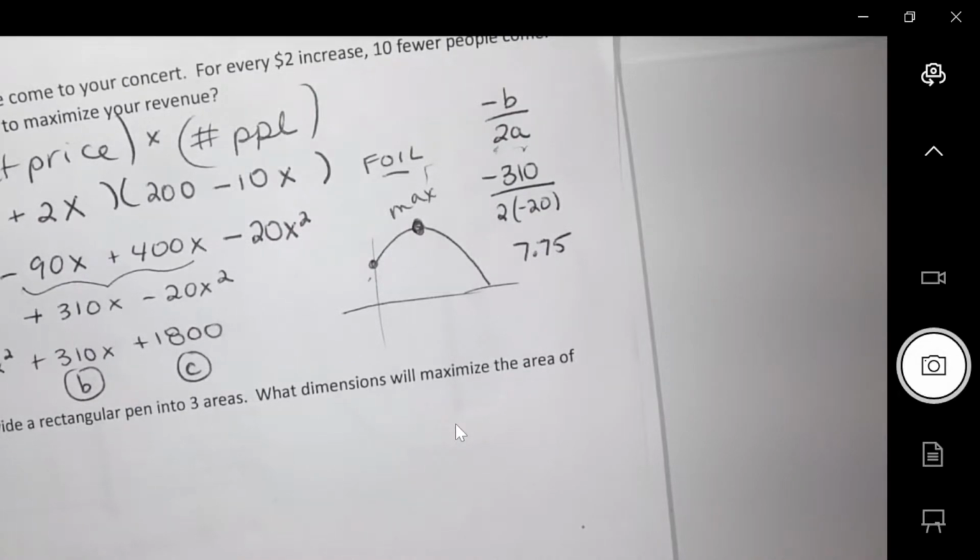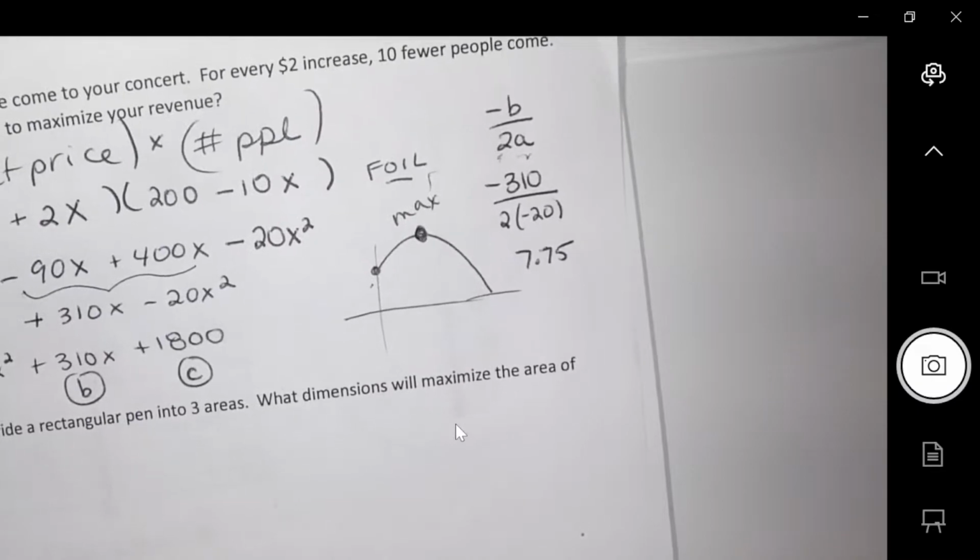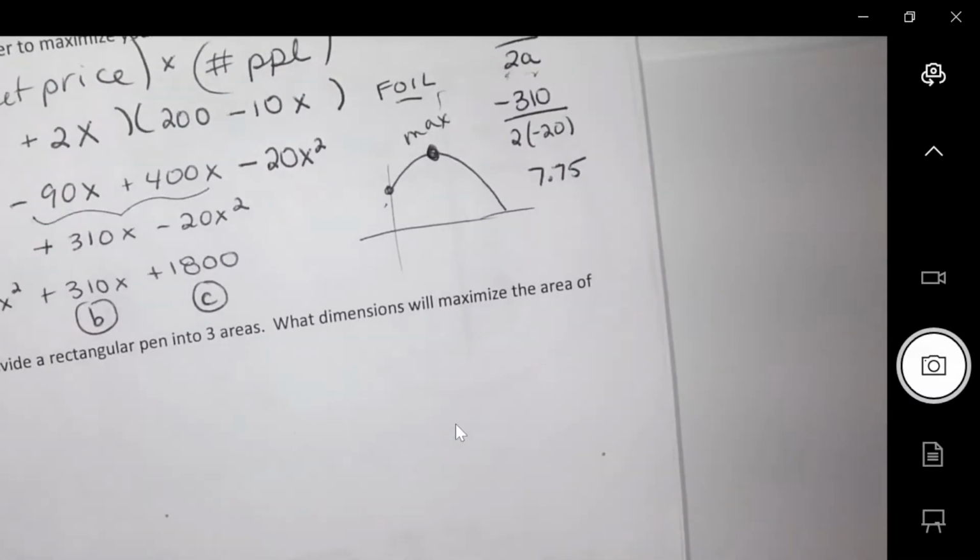So that's the x of the vertex, and if I plug it in, I get the y. So if I were to plug that in, what is the y in words? What is it actually doing? What would it find if I plugged it in? It would find the revenue. Do I care about the revenue? No. I don't need to know the revenue.